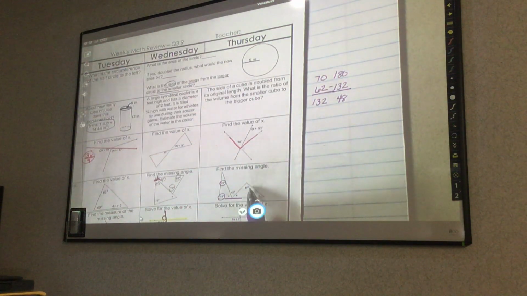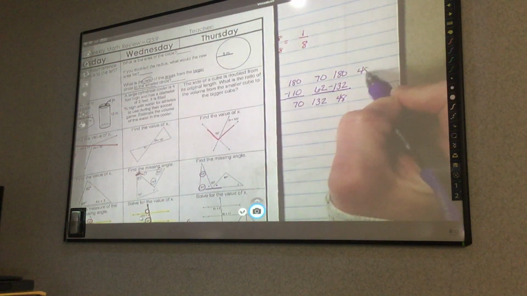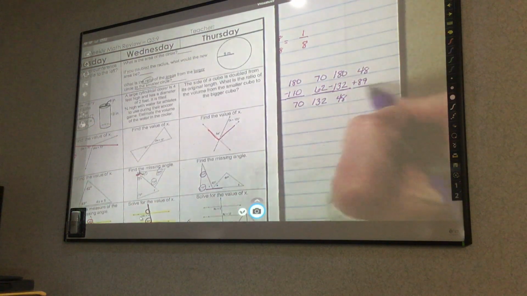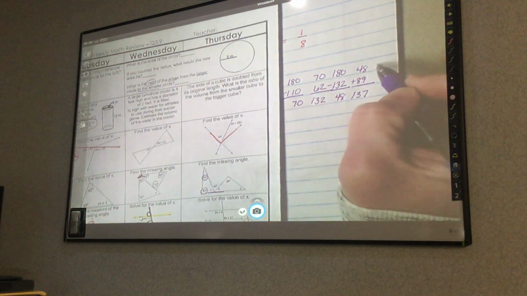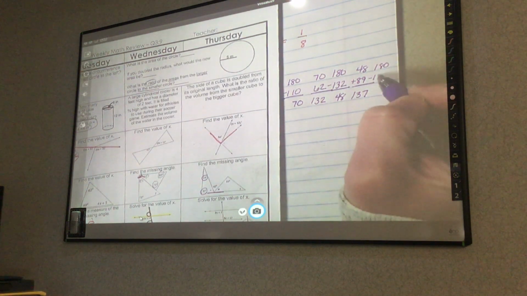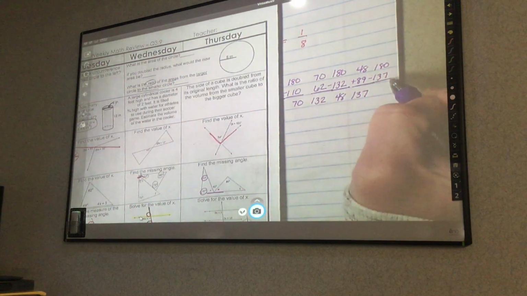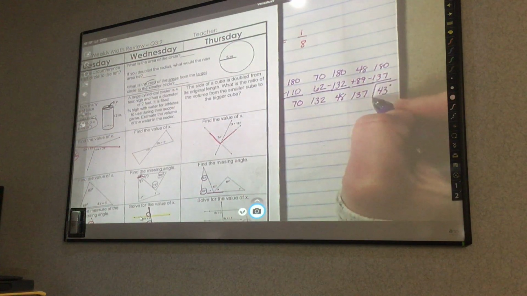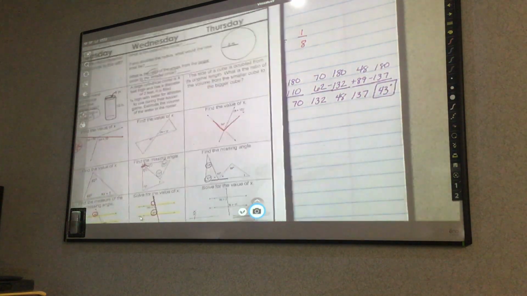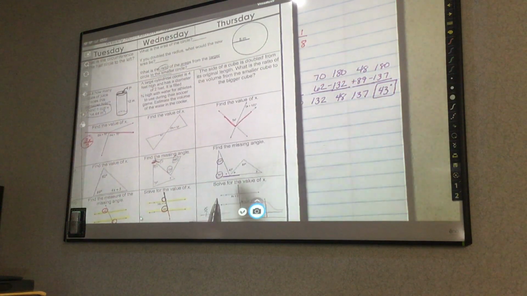So then I do 48 plus 89 equals 137. So then I take 180 minus 137 equals 43 degrees.